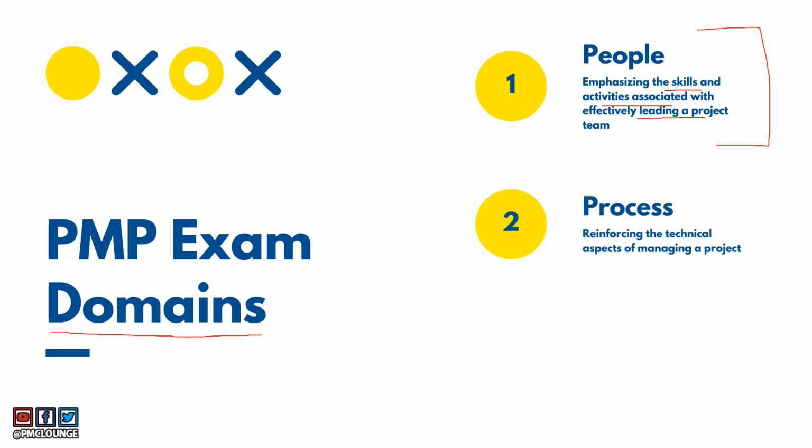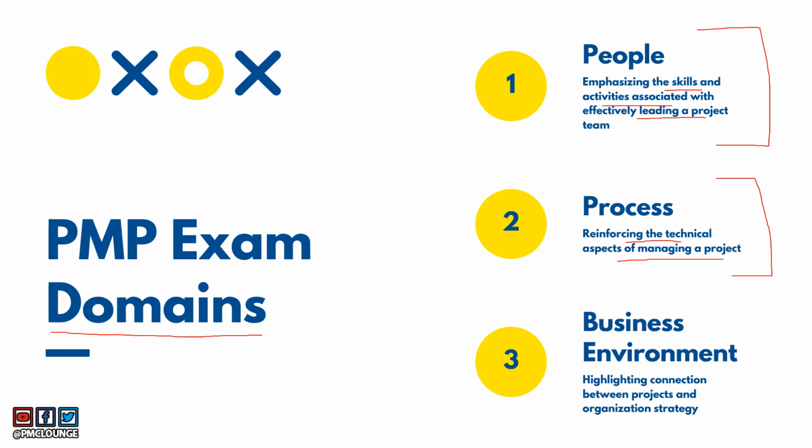This is basically reinforcing the technical aspects of managing a project. This is where you will find all the knowledge areas, all the process groups, all the processes, right? All of this will be part of process. And finally, the third one is business environment, highlighting the connection between projects and organization strategy. So that's business environment for you. These three are the PMP exam domains.